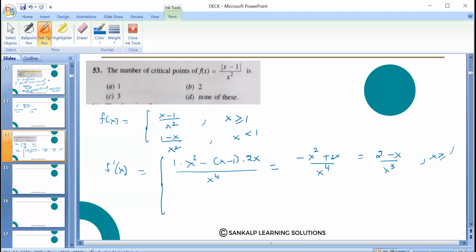But the second one, when you use quotient rule, 1 minus x derivative is minus 1 into x square minus 1 minus x into 2x by x power 4.